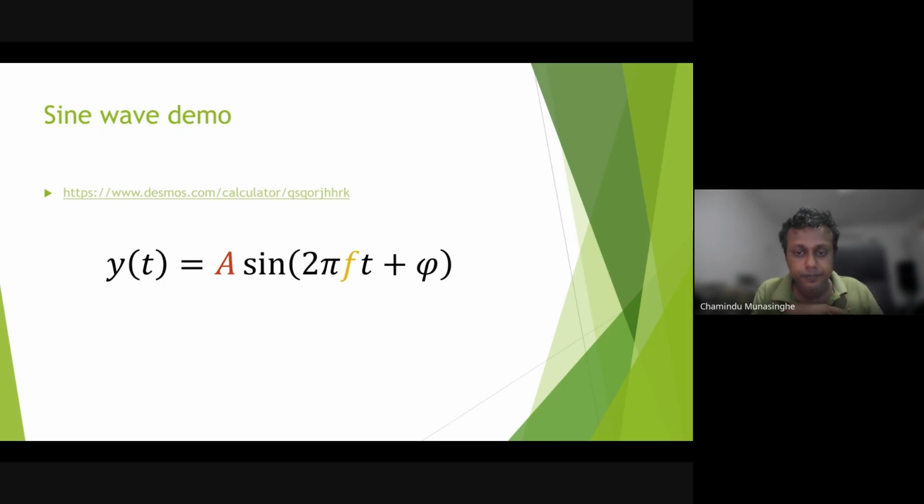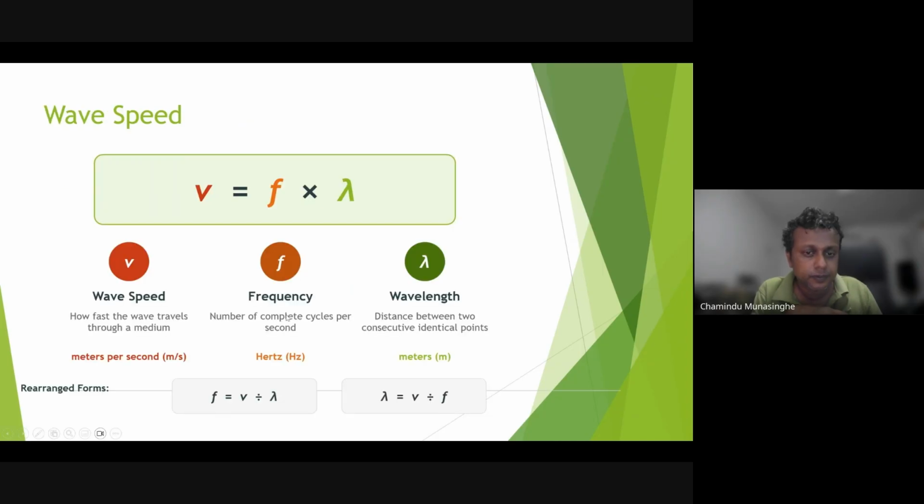Okay, so now this is a very important formula: what is the speed of a wave? The speed of a wave depends on the medium.